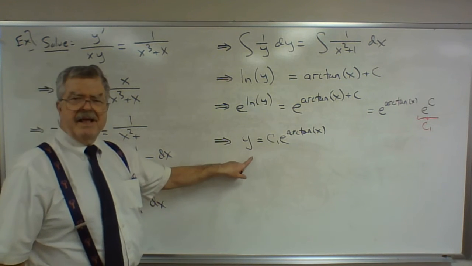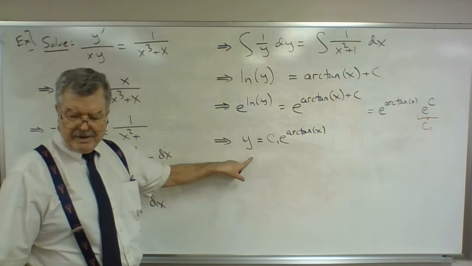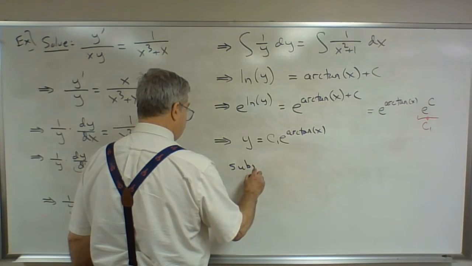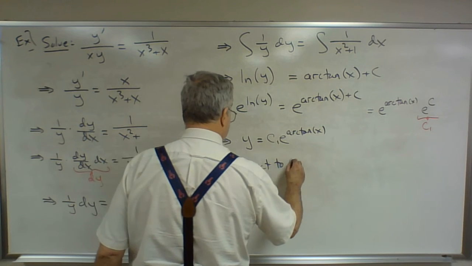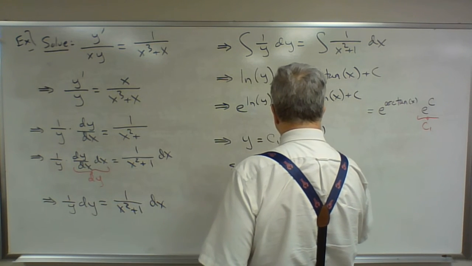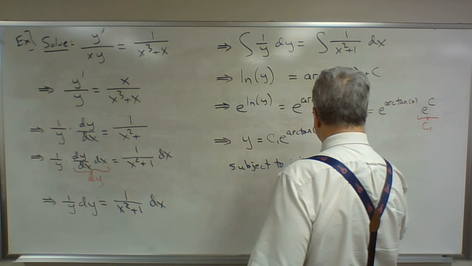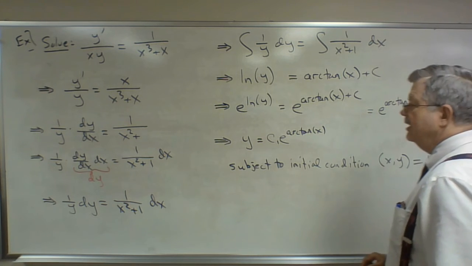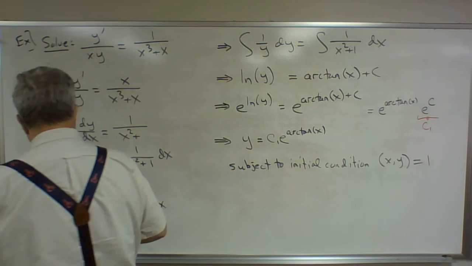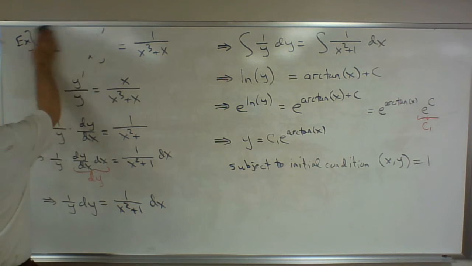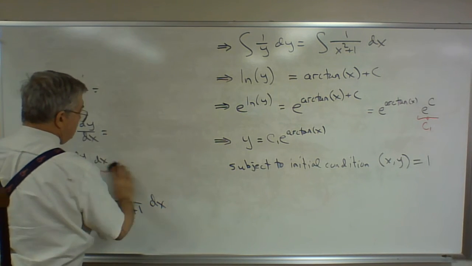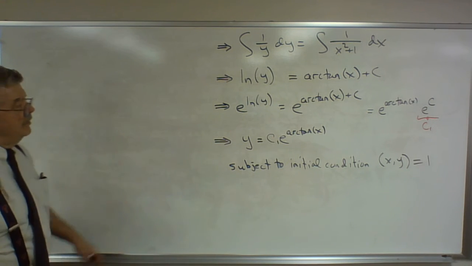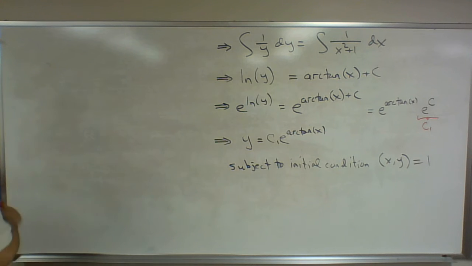Now we did have an initial condition, didn't we? y of 1 equals 1. So let's see what that gets us. Plug in 1 for y.